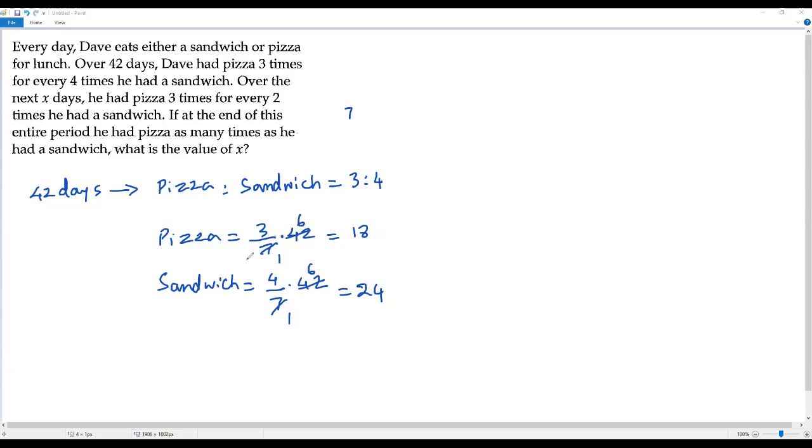Now we do the same thing for the next period, that is X number of days. We have a ratio for that one as well: he had pizza 3 times for every 2 times he had a sandwich. So for these X days, the pizza to sandwich ratio is 3 to 2.